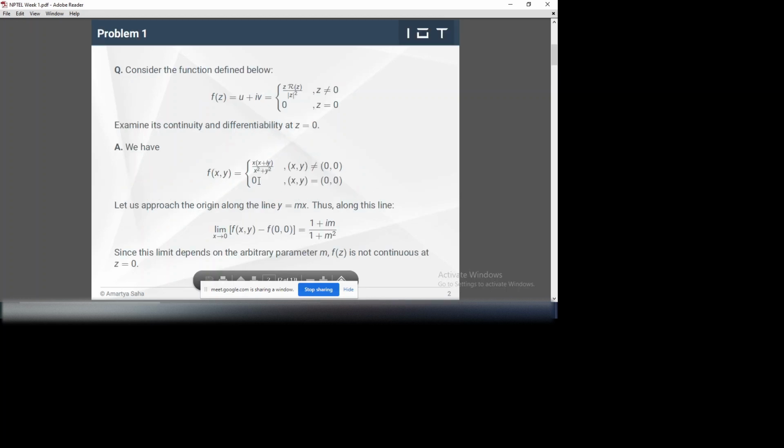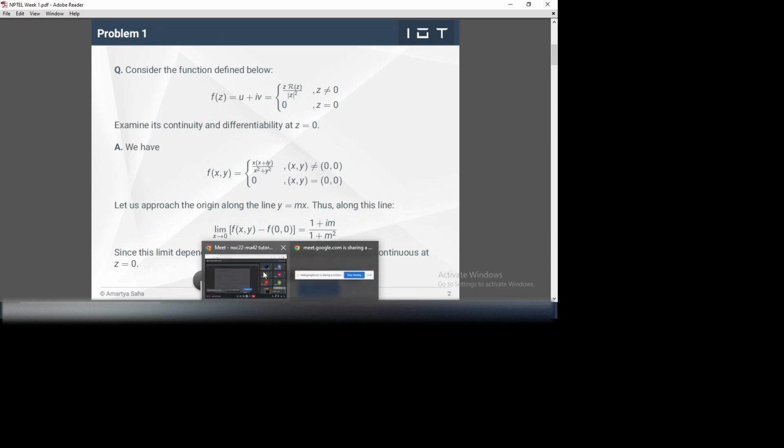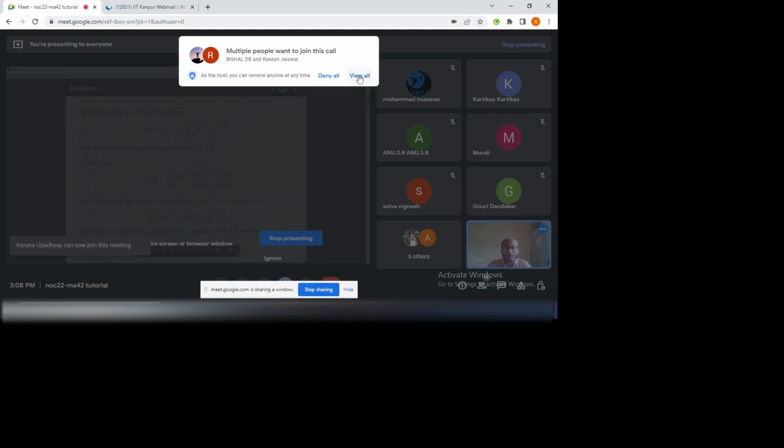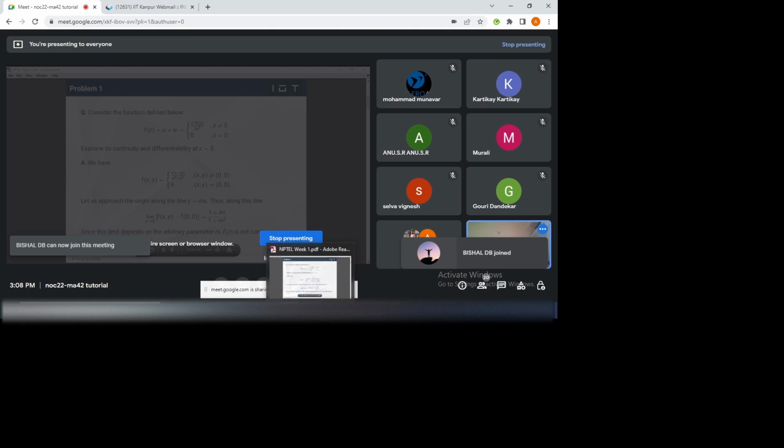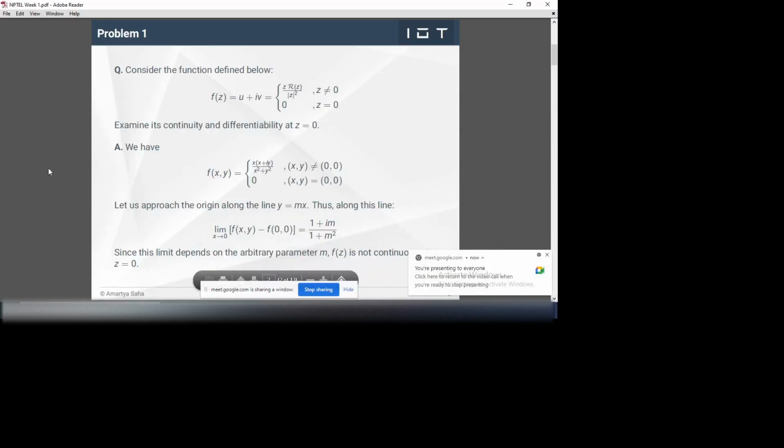So this is the definition of the partial derivative with respect to x, and then after substituting and comparing this with the given value of f at the origin, we get that this is the limit as h tends to 0 of 1 by h.